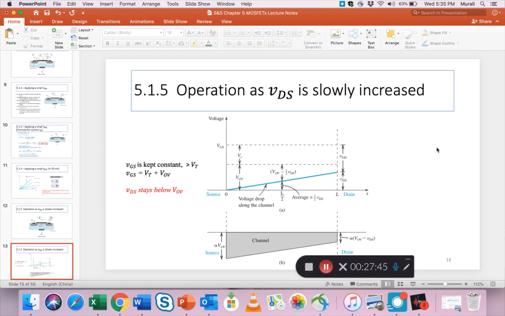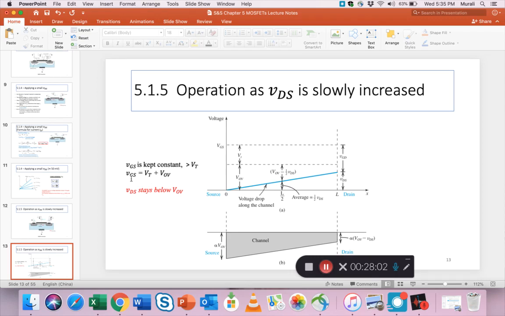And so what is this graph showing? So first, remember, we are only increasing VDS, so keep VGS constant and make sure it's greater than that threshold voltage, VT.